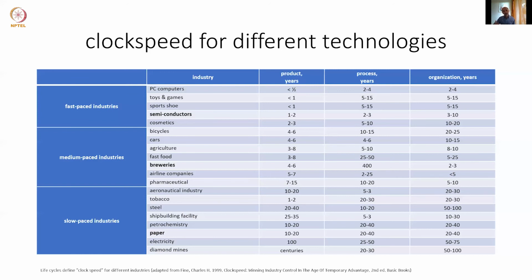So if, for instance, I would like to predict the future of music recording technologies, first I need to identify my music recording technologies. They are in which industry? In fast-paced industry, medium-paced industry, or slow.